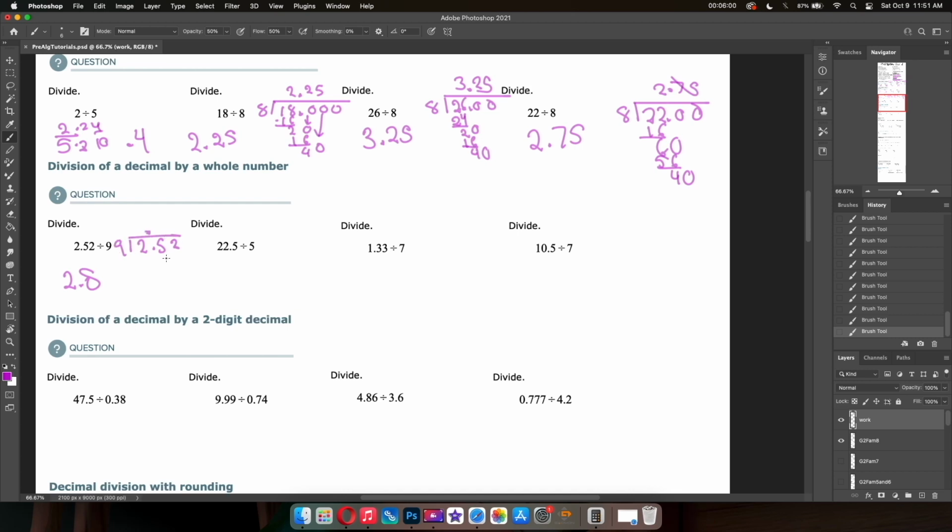So 9 goes into, oh, so it'll be 0.28. See, this is why I flail. Okay, so 9 can't go into 2, but 9 can go into 25 twice, because 2 times 9 is 18. When you subtract, you're left with 7, and then 8 times 7 is 72, and then that cancels out. So it's going to be 0.28.